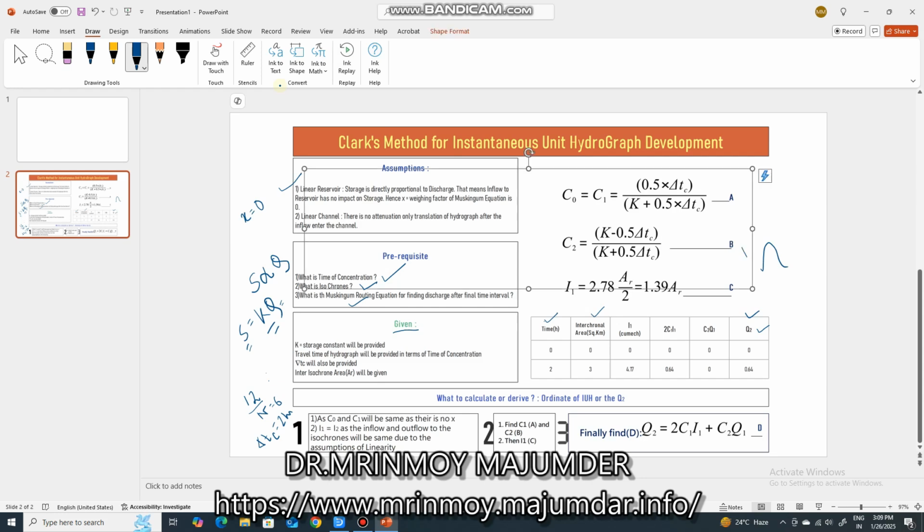Because you see, if this is the unit hydrograph, then this is your del Tc and this is your Q. So to find out Q at every del Tc, you need to know what the del Tc is.